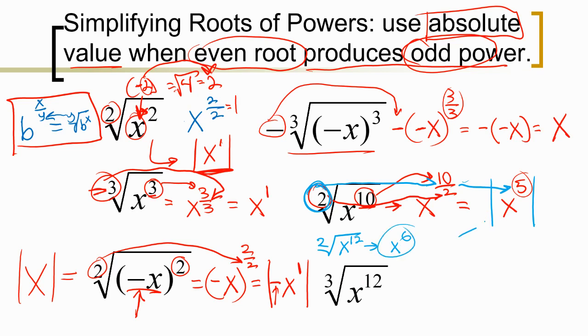You only need the absolute value bar when the result is an odd power if we started with an even root. And then finally down here at the bottom, if we have the cube root of x to the 12th, this should be x to the 12 over 3, which will turn out to be x to the 4th. And we don't have to worry about absolute value bars anytime it's odd, just the even ones.